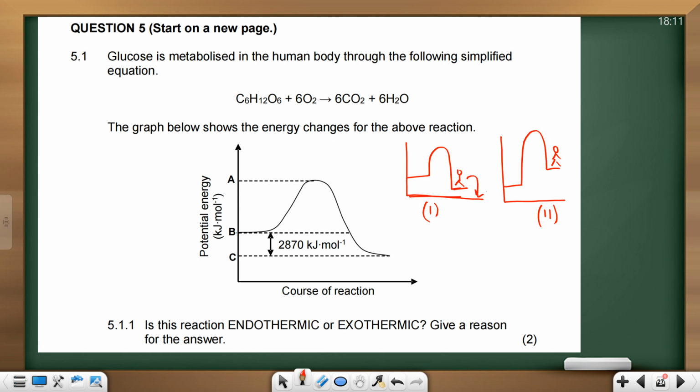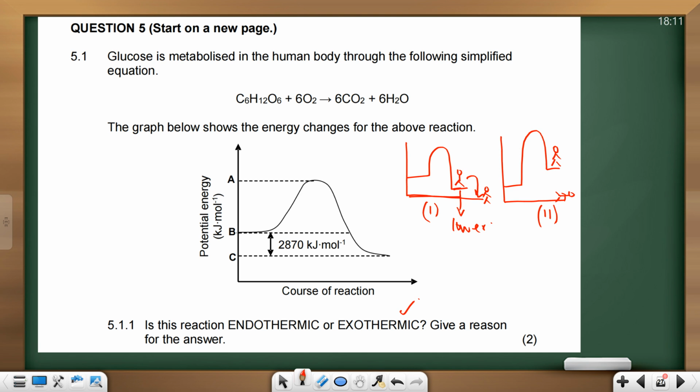The guy's going to jump. Where is it easier to jump? From 1. So it is easier to exit from 1 when this one is lower. So what is this? Exothermic.